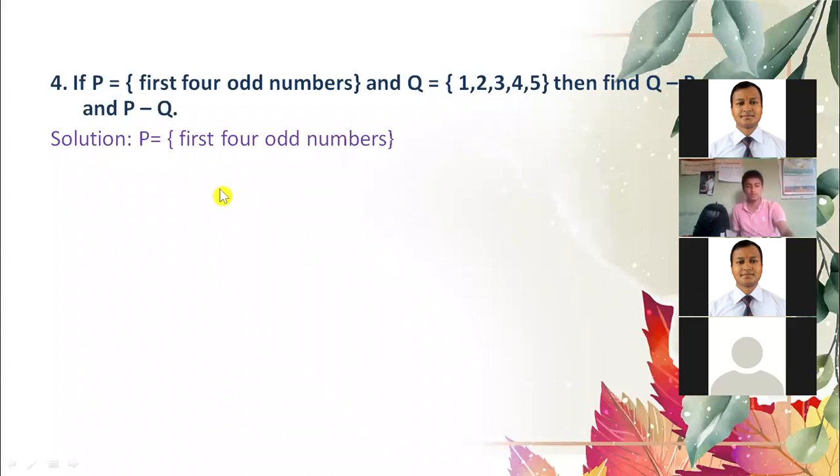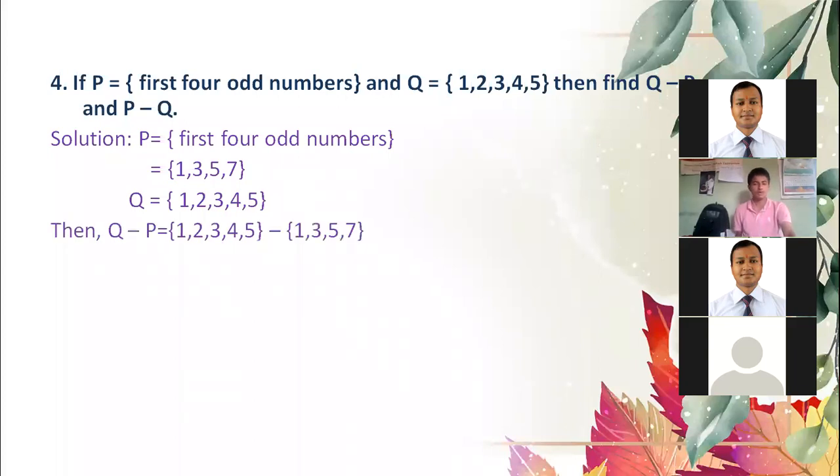What are the first 4 odd numbers? 1, 3, 5, 7. And Q is already given, 1, 2, 3, 4, 5. Then we can write Q minus P is equal to 1, 2, 3, 4, 5 minus 1, 3, 5, 7.